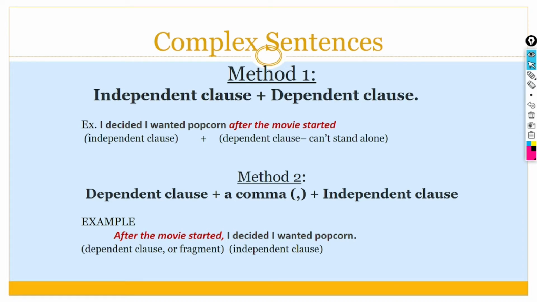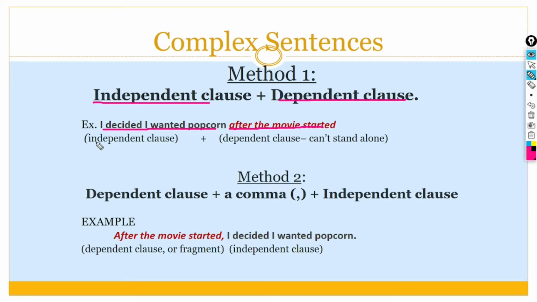A complex sentence has two methods. The first method is that we take the independent clause first and then the dependent clause. Its example is: I decided I wanted popcorn after the movie started.